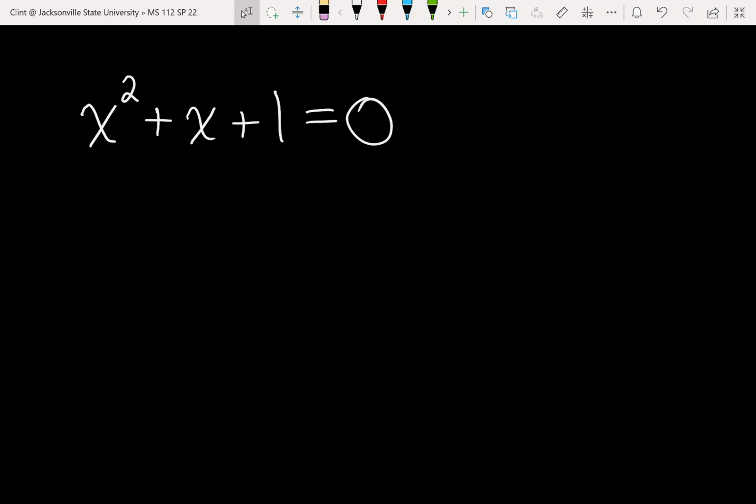Won't factor. You could do quadratic formula. And we're gonna do completing the square. So first step on that is I'm gonna leave just my x terms on the left side and move whatever number I have over. So subtract 1 from both sides.